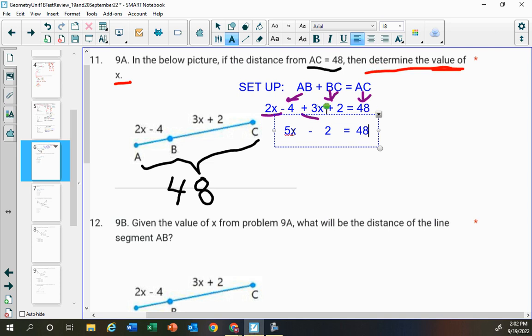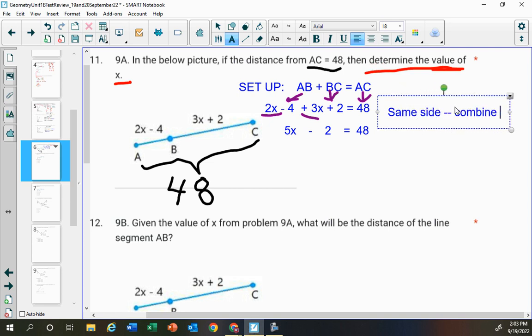Yep. Okay. There's the most important part. I went from here to here. Some of us are still doing opposites. Same side. Combine like terms.